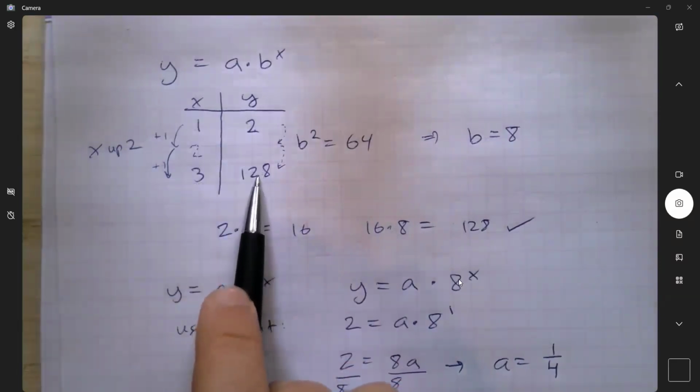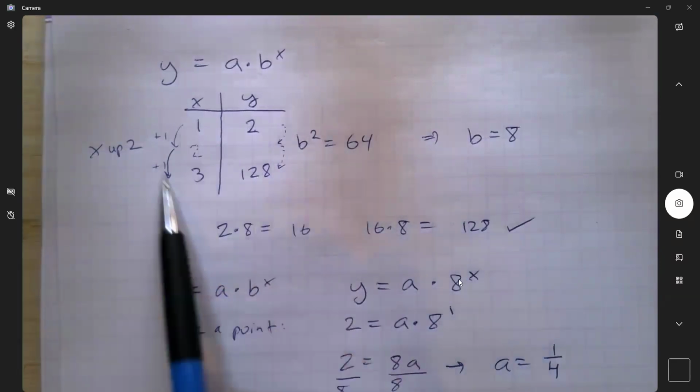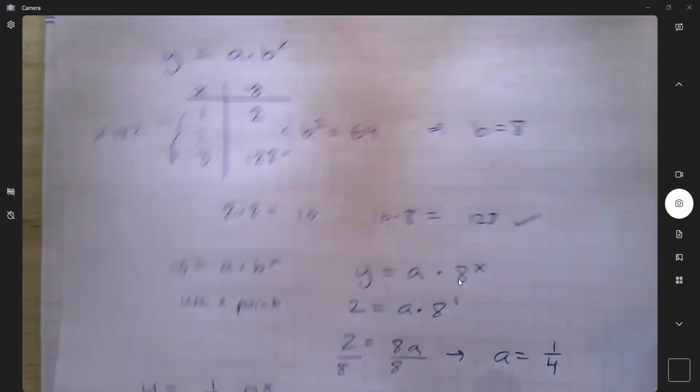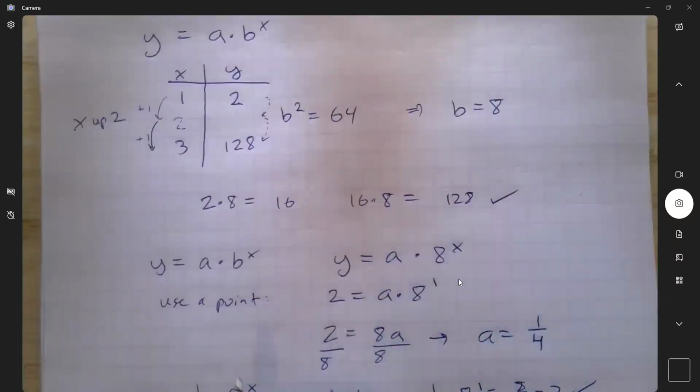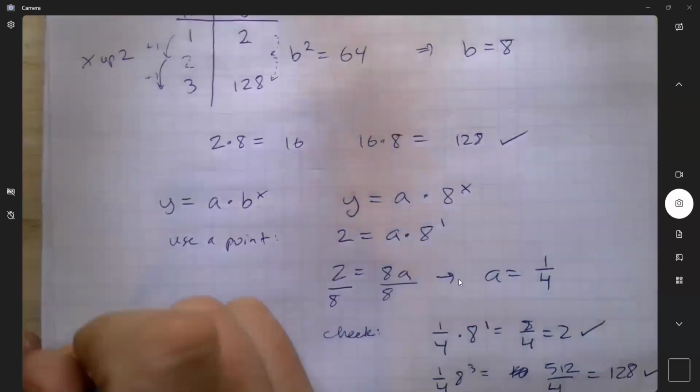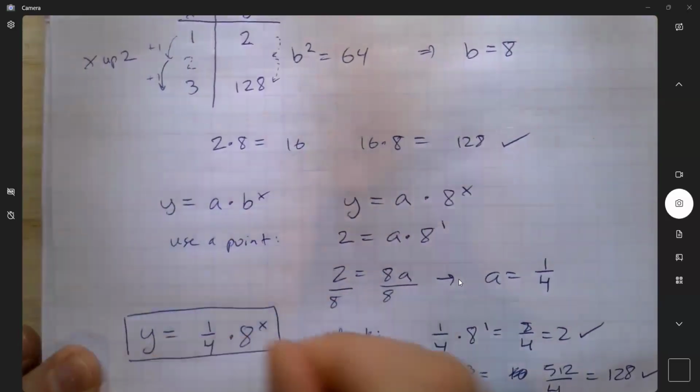And you're like, wow, that's growing fast. How fast is it growing? And so you can use this process to figure out the function that tells you how fast it's growing, which is this function right here.